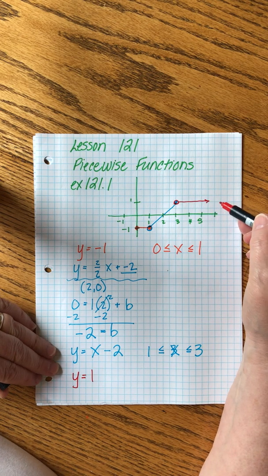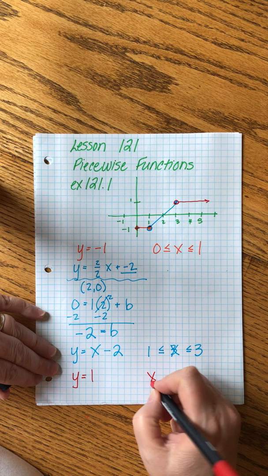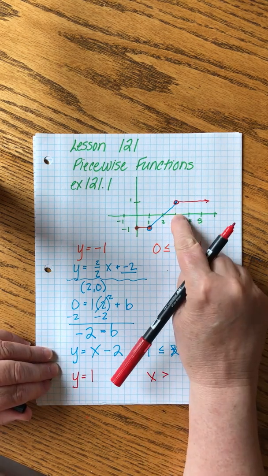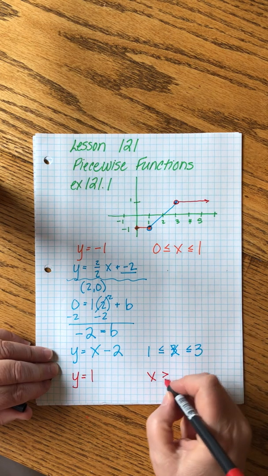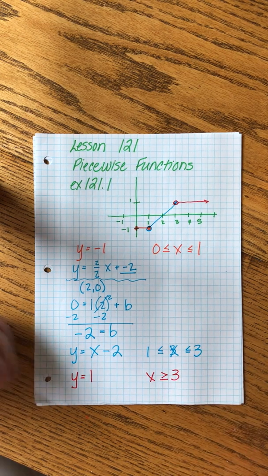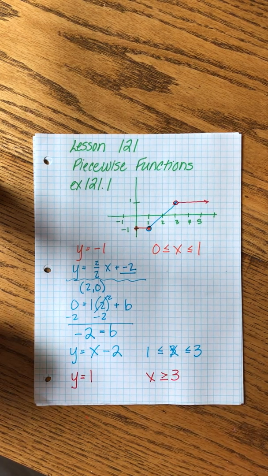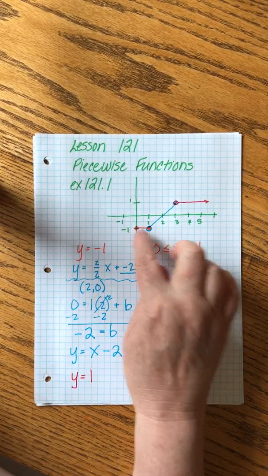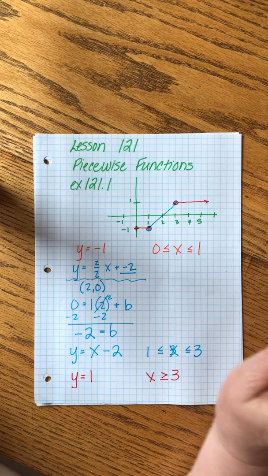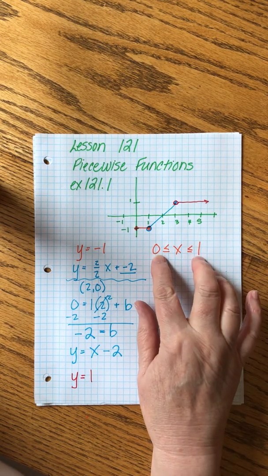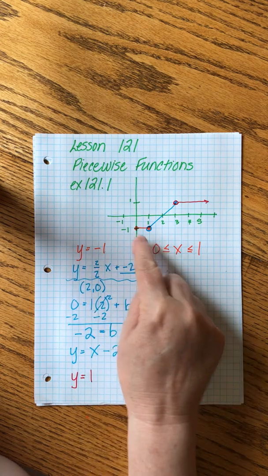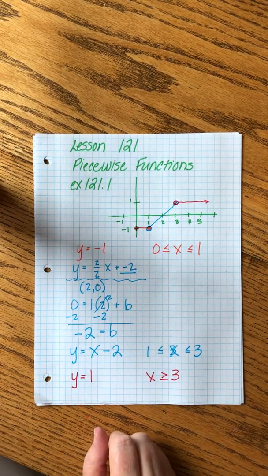So this is when x is greater than or equal to, because the dot applies to the red line too. Beautiful, right? So there we have written equations for each segment, each piece, if you will, and we've written the domain that describes exactly how much of this we want in our picture, and that's our final answer.